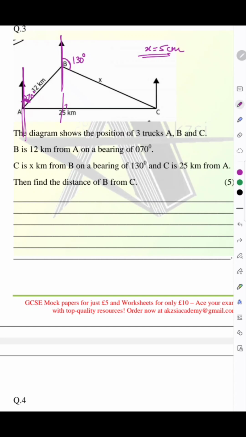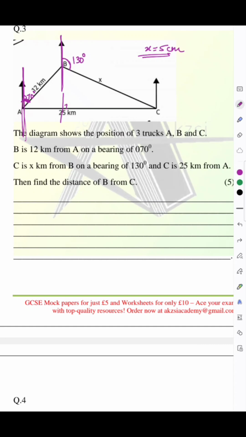Don't go by the diagram. Work according to whatever information is given. Don't assume it. If it's given that they're drawn accurately, in that case we have to measure it. This is not given, so just by looking at it, if you're thinking that this is 90 degrees, it's not.